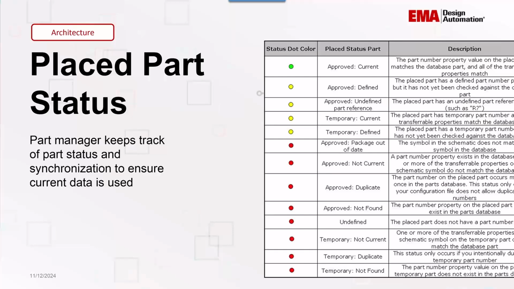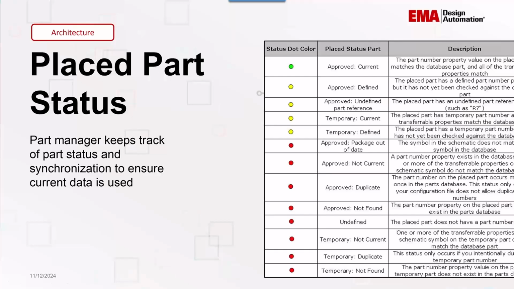You can take your OrCAD design and check and see, hey, if I have a package that's out of date, that's that local symbol being out of date, it'll flag it in red in that CIS part manager. If I'm using a part that has all the properties matching, but the part number hasn't been formally approved, it'll flag it in yellow.